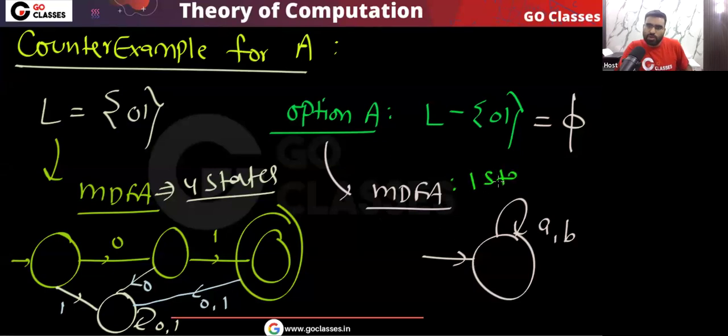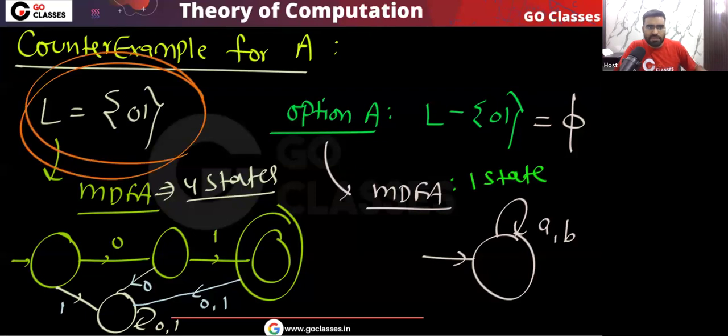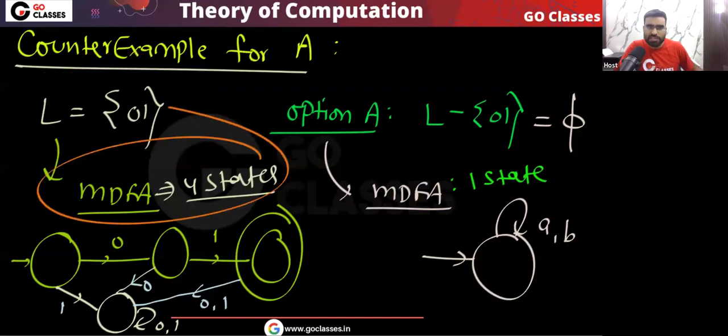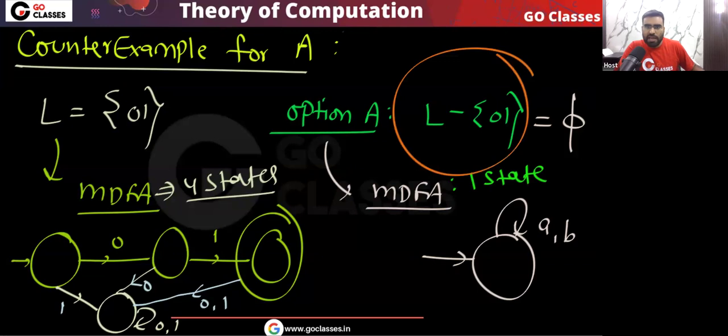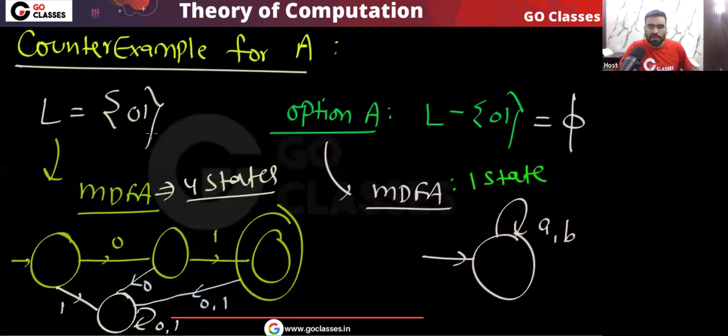So this is the counter example. Basically, if you take this language, the minimal DFA has four states, but for L minus the string 0 1, the minimal DFA has one state. So they are not the same. The question is asking what must necessarily be the same, so this is the counter example for option A. Did you understand?